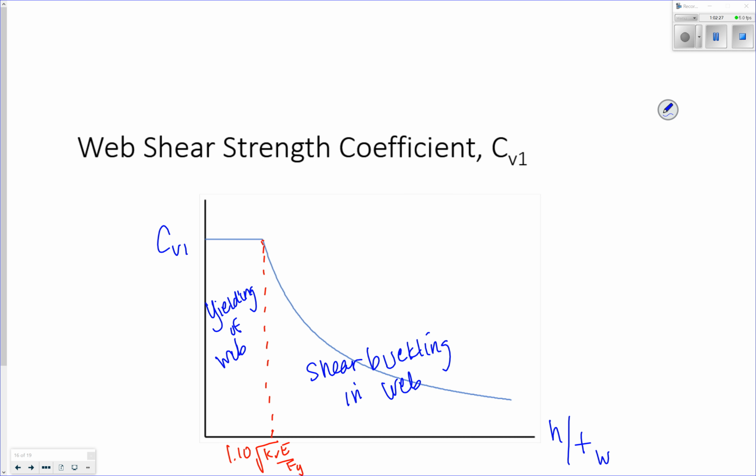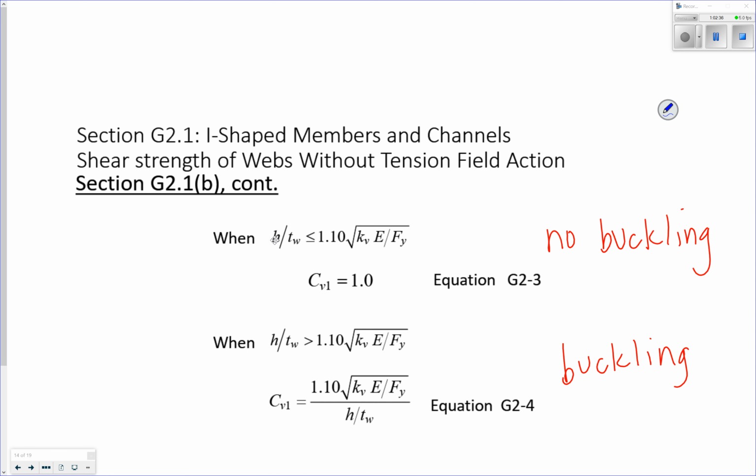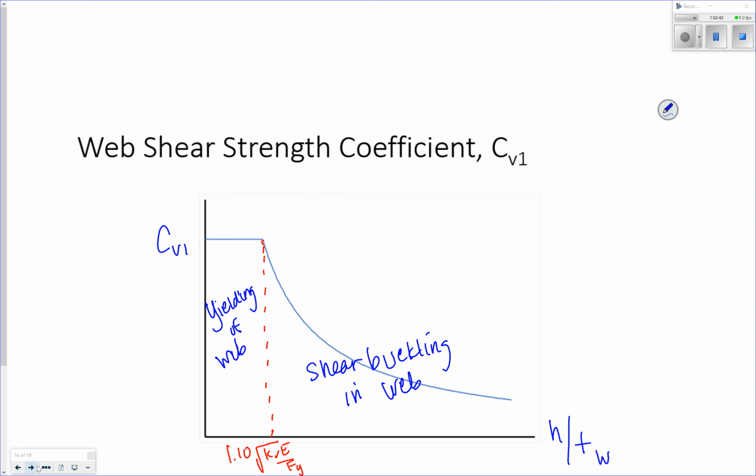Right? It's basically the graphical representation of this. Less than 1.1, you've got no buckling, so yielding is going to control. Greater, you're going to start to have shear buckling.